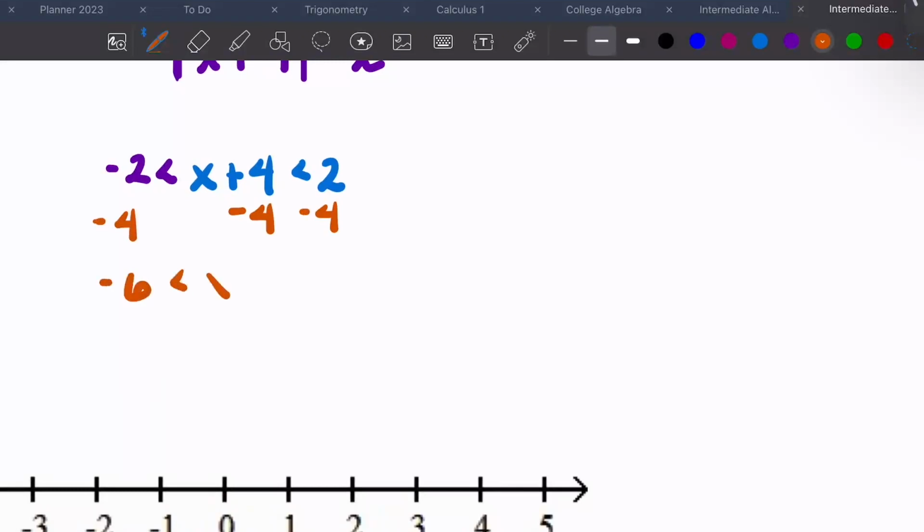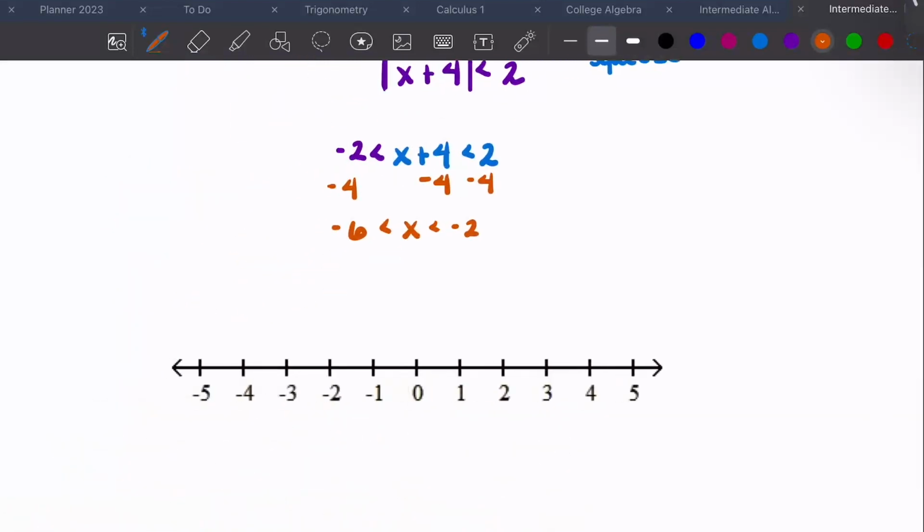Negative 6 is less than x is less than negative 2. So x is in between negative 6 and negative 2. Both of them have parentheses because neither one of them is equal to. So from left to right, negative 6, negative 2.